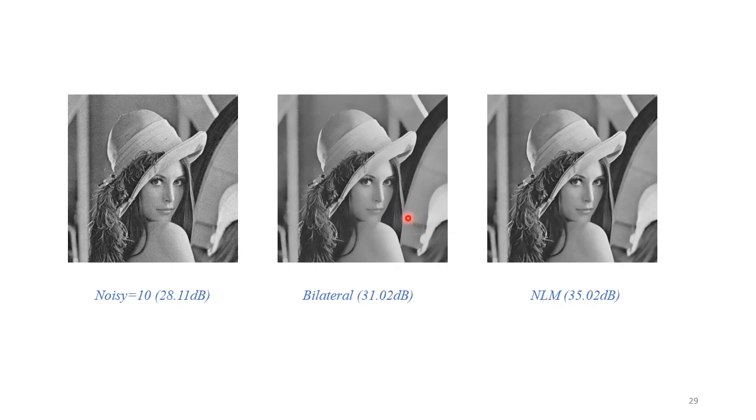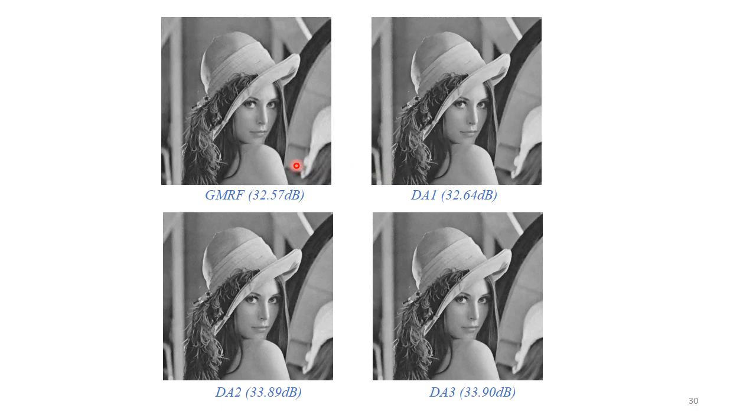So here we can make the comparison. The bilateral filter seems to give an over-smoothed representation comparatively, whereas non-local means gives better results when compared to the bilateral filter. Continuing with the MRF methods, the Gaussian MRF clearly performs the smoothing operation. So this is what we have got, and then DA1, DA2, DA3 we are going to have.